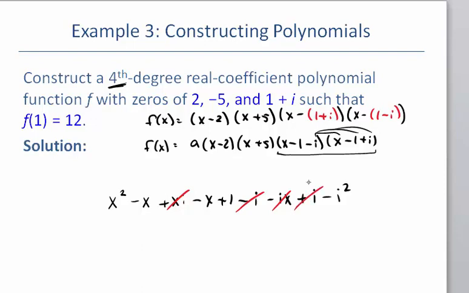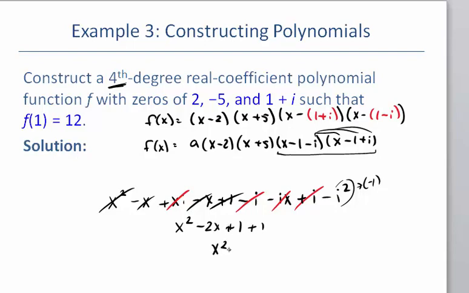Those are going to go away. Okay, so let's look at what's left. I've got an x squared. I've got 2 -x's. I've got a 1. And remember, this is a -1, so I have a minus a -1, which is another 1. So I have x squared minus 2x plus 2.